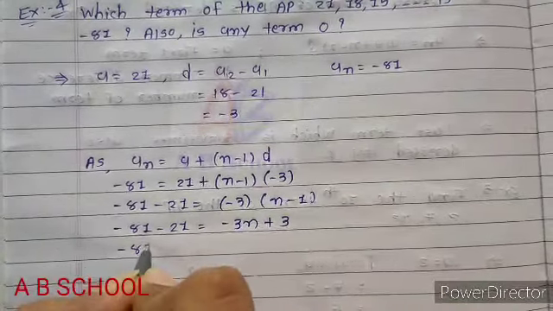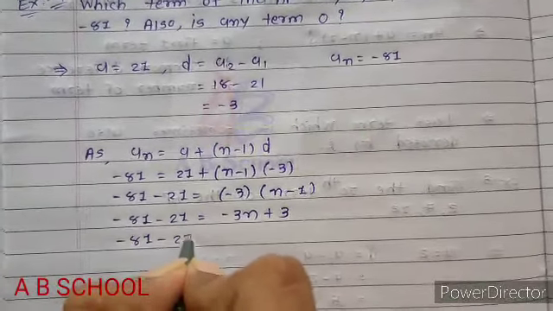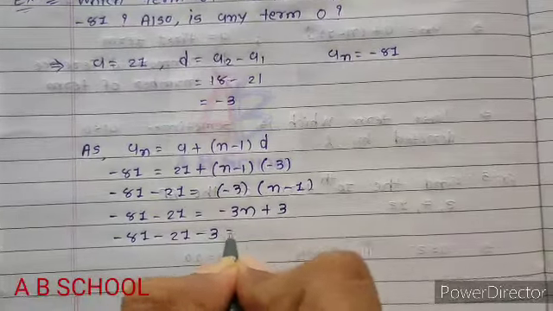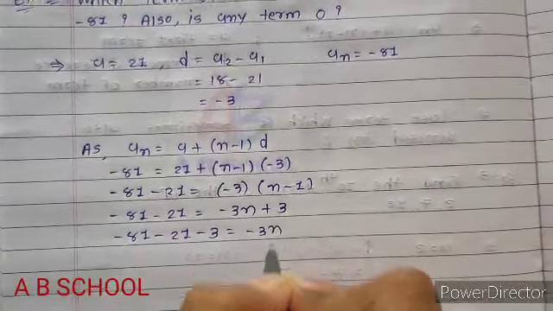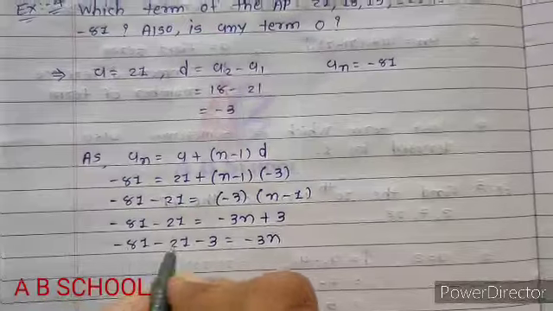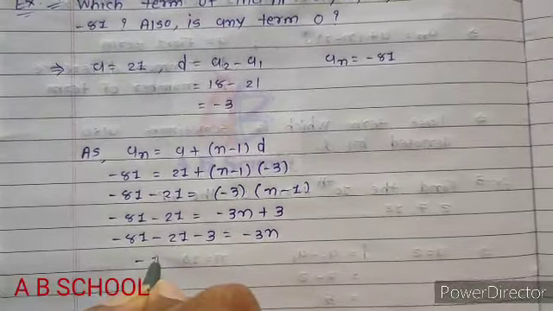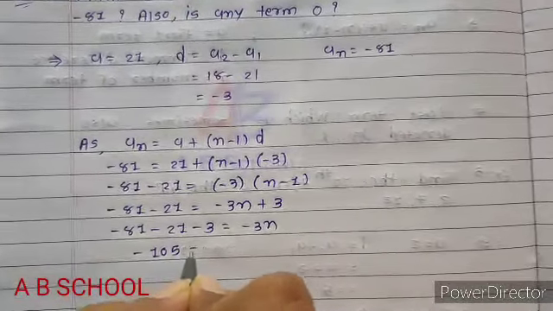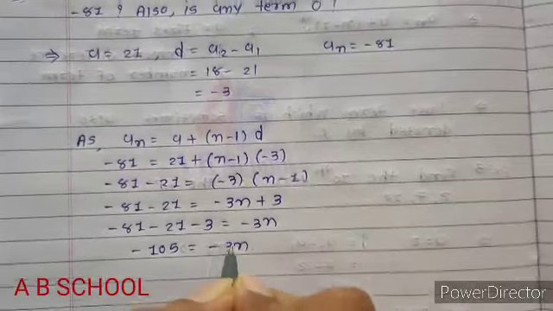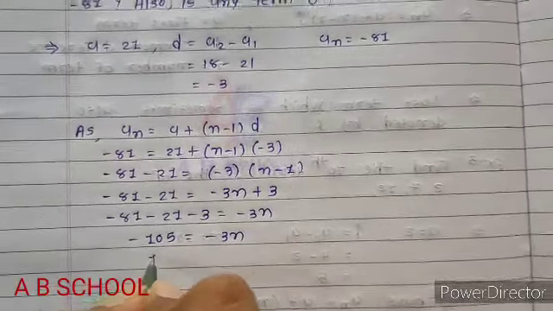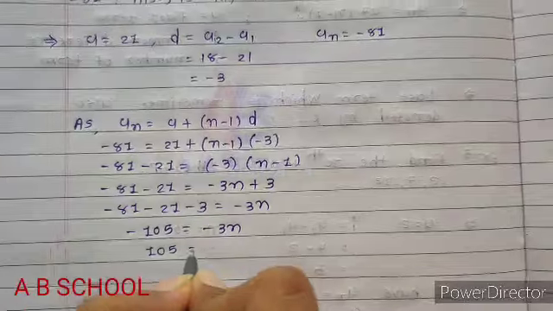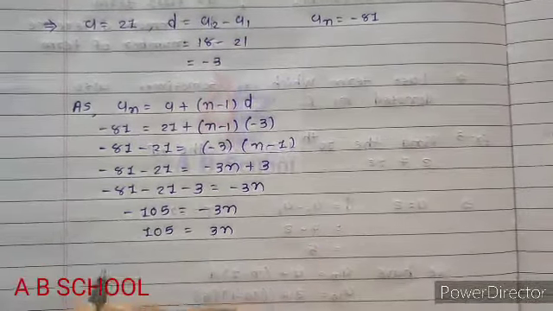So minus 81 minus 21 minus 3 is equal to minus 3N. So minus 105 is equal to minus 3N. Minus minus cut, so 105 is equal to 3N.